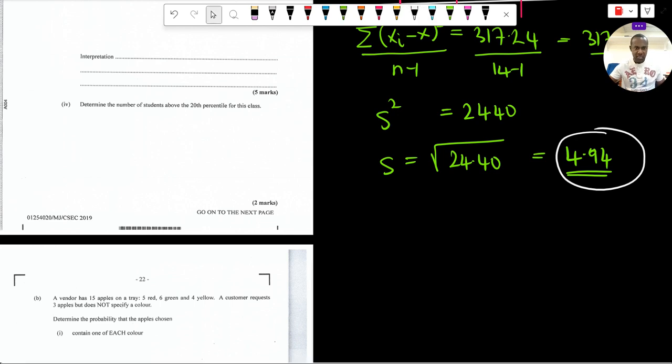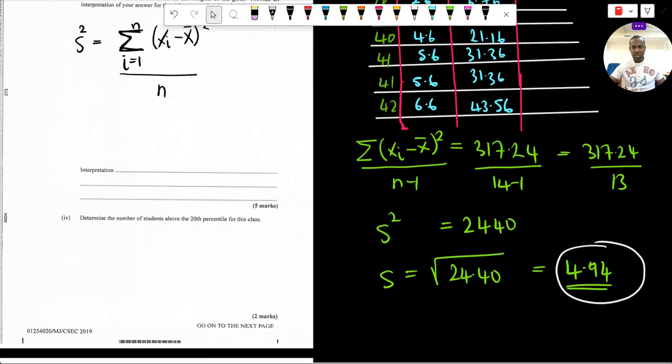In terms of interpretation, this means that there is a smaller spread among the girls' weights, which basically means that the girls' weights are more evenly distributed about the mean as opposed to the boys, due to the standard deviation of the girls' weights being slightly smaller than that of the boys. All right?